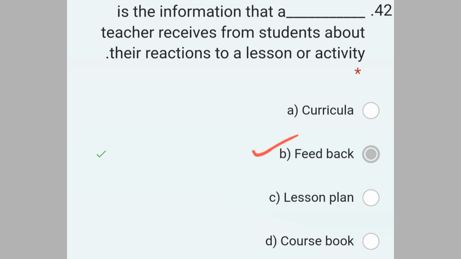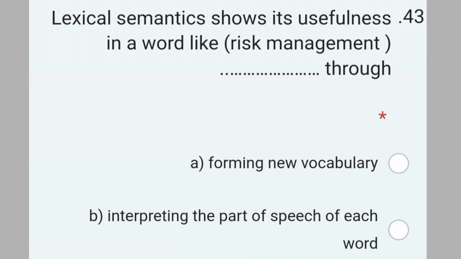42. ___ is the information that a teacher receives from students about their reactions to a lesson or activity. A. Curricula. B. Feedback. C. Lesson plan. D. Course book. 43.